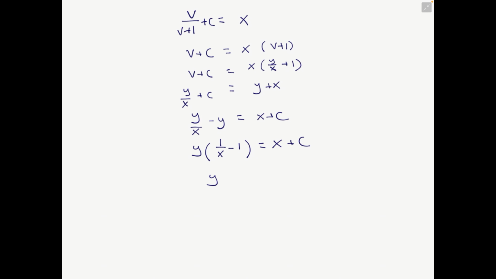And we get y times 1 minus cx over x equals cx. y equals x squared over 1 minus x plus cx, which is basically another constant, x squared over 1 minus x plus c.